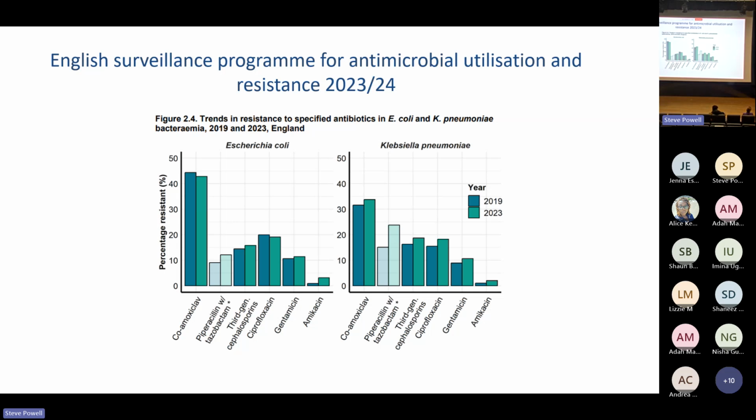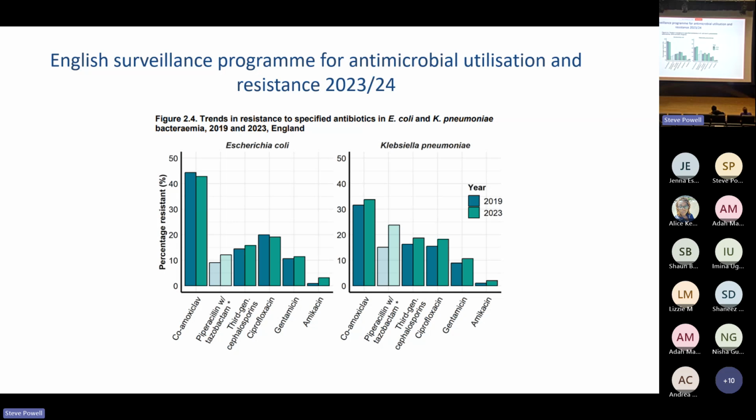This is a very good survey that's undertaken and published about every 2 years, and we've got two graphs here of gram-negative organisms, the gut organisms, E. coli on the left and Klebsiella on the right. On the x-axis, we've got our workhorse antibiotics that some of you will be very familiar with, you've prescribed them before, and then on the y-axis, we've got the percentage of organisms isolated that are resistant to those key antimicrobial agents.